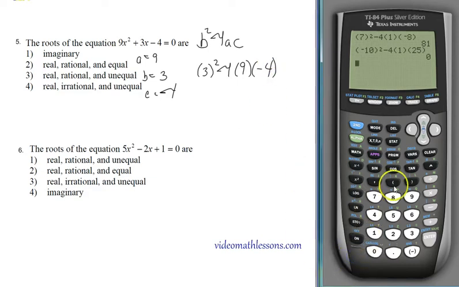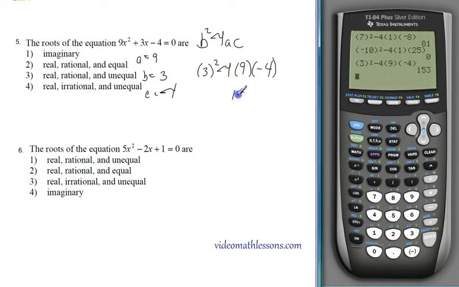Calculator, one shot. Remember, square the outside. -4. I get 153.